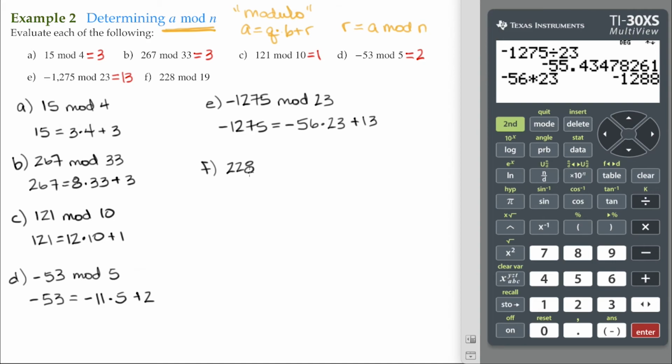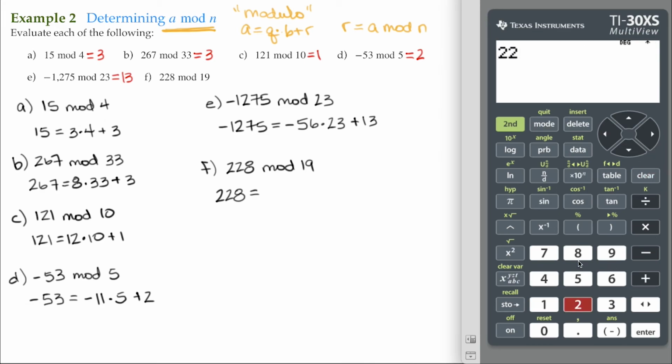And finally for F, 228 mod 19. We have 228, using the division algorithm. 228 divided by 19, that's 12.